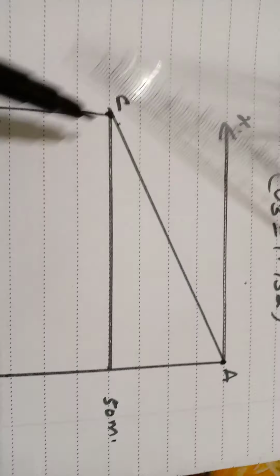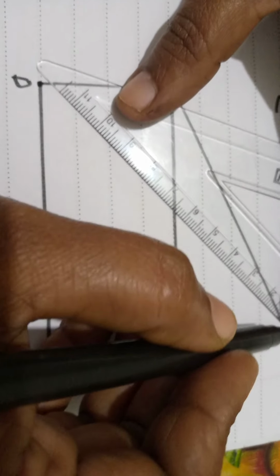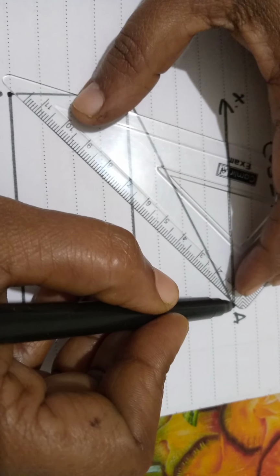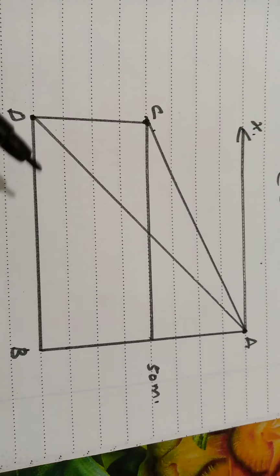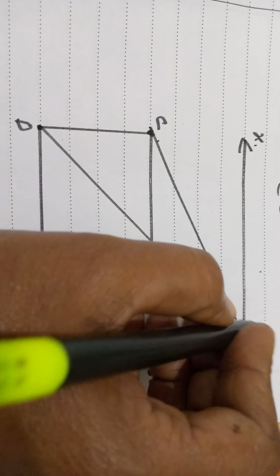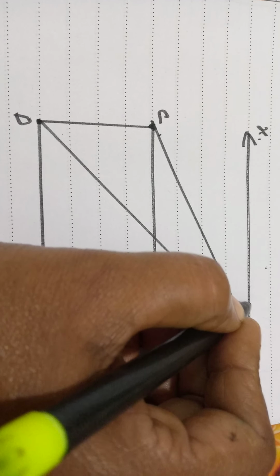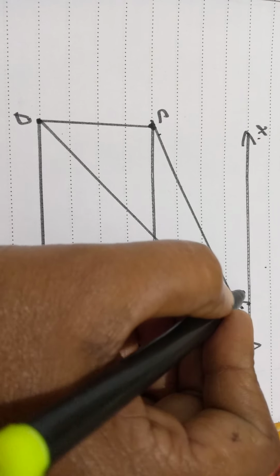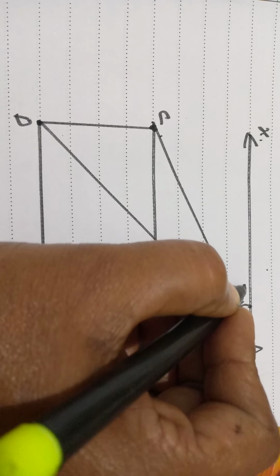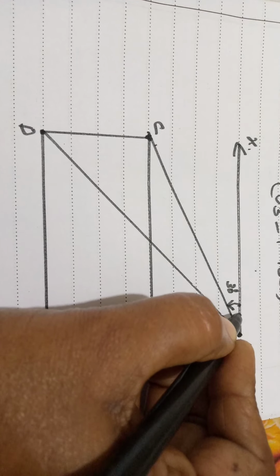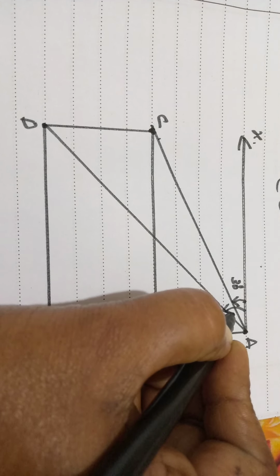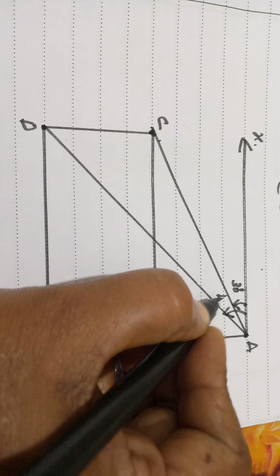This is the top of the tree. Next again line of sight we have to draw to the bottom of the tree. Understood, students? Now mark the angle of depression here. Top of the tree is 30 degree and bottom of the tree angle of depression is 45 degree.